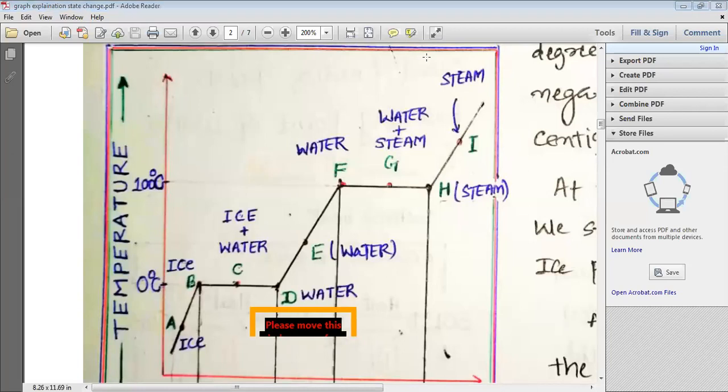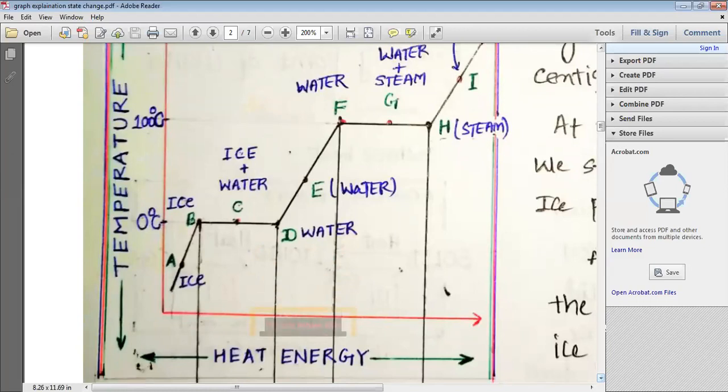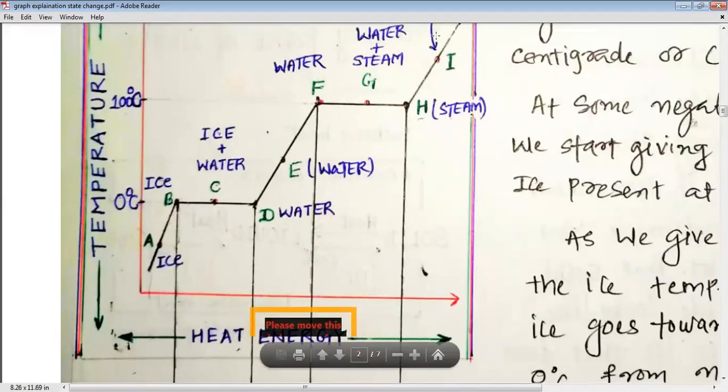So we try to understand the change in state by studying a graph for water, and we have drawn a graph for water, that is the graph of temperature versus heat energy. You can see here we have written heat energy. So it is the graph of temperature versus heat energy, my dear students. This is how we write it and this is how we understand it.